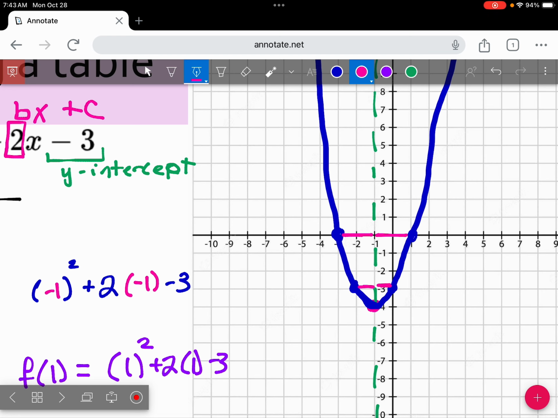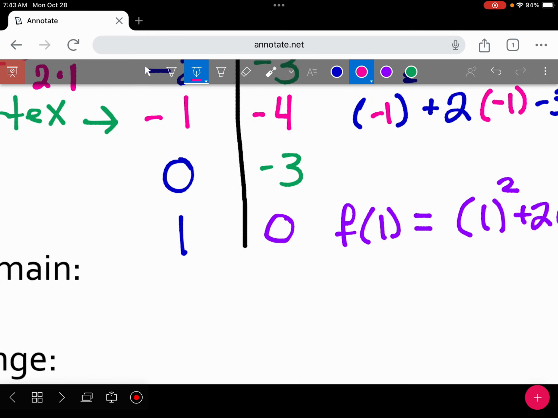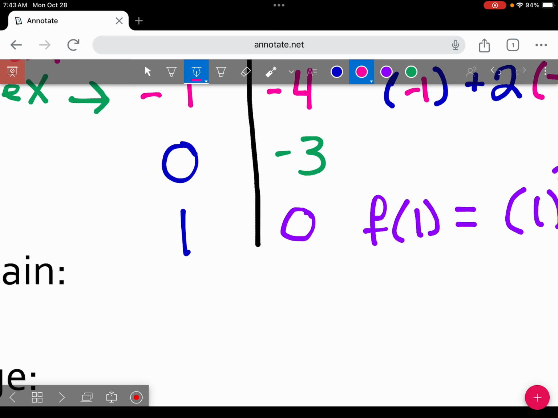All right, so then my next question is, what is our domain? Which x values work? Or how far left, how far right? How far left does it go?